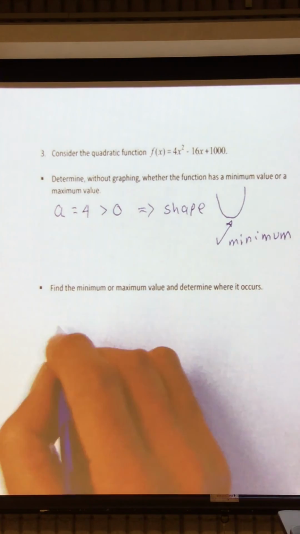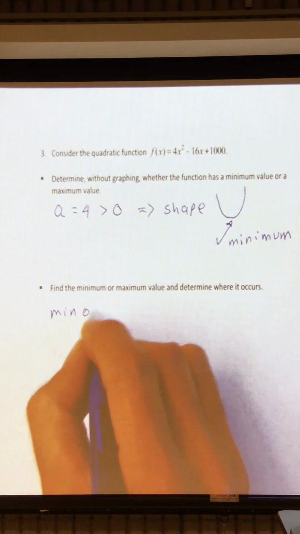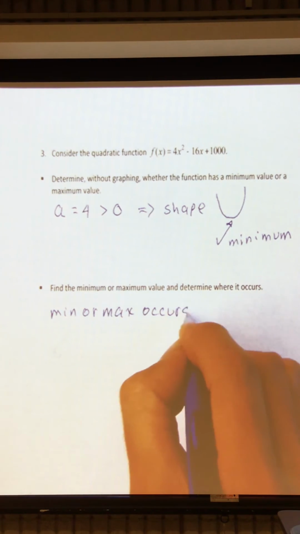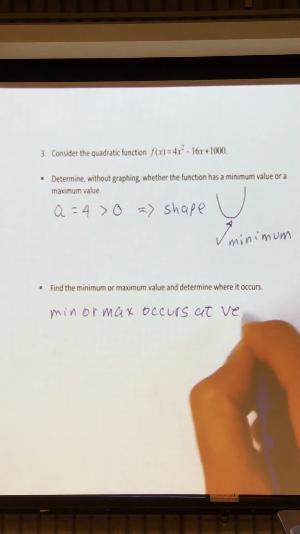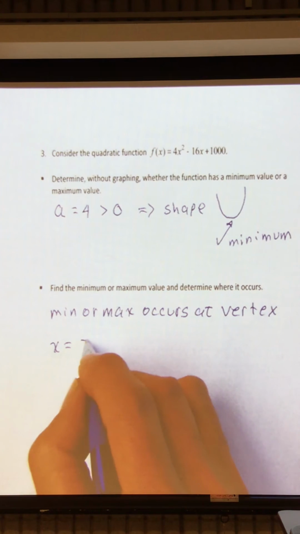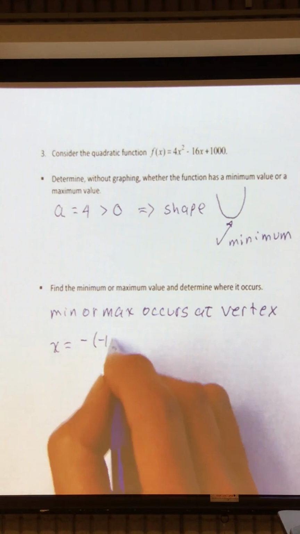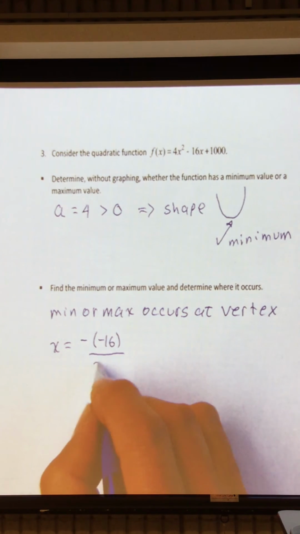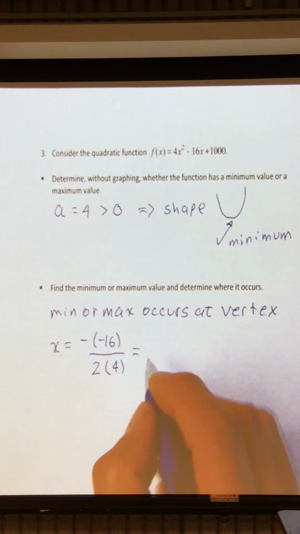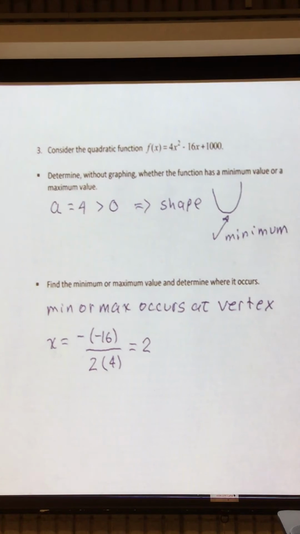So to do this, the min or max occurs at the vertex. So we need the x coordinate of the vertex, the negative of b, b is negative 16, divided by twice the value of a, which is 4. And that gives us an x value of 2.